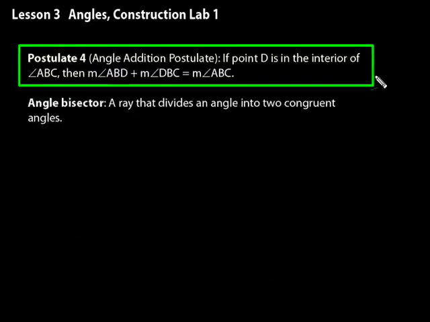In postulate 4 we're talking about angles, adding angles up. So just to think about this a little bit, if we have an angle here and we'll call it angle ABC, and point D is in the interior. So here's the interior, in between the two rays. The exterior would be outside the two rays.